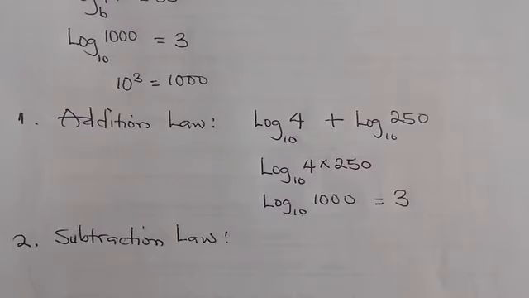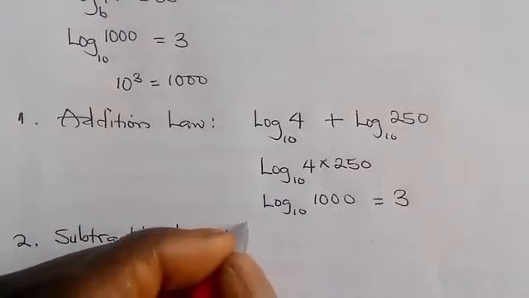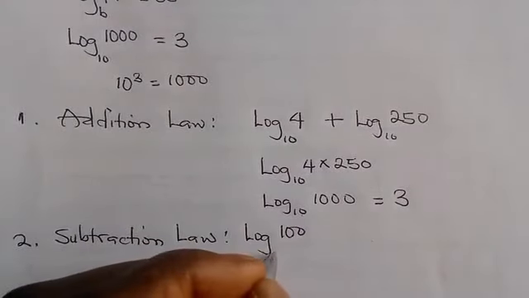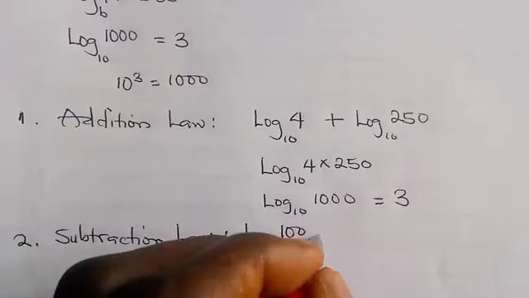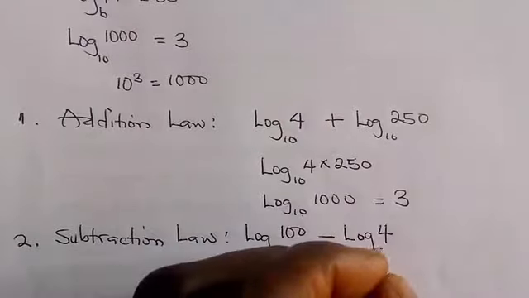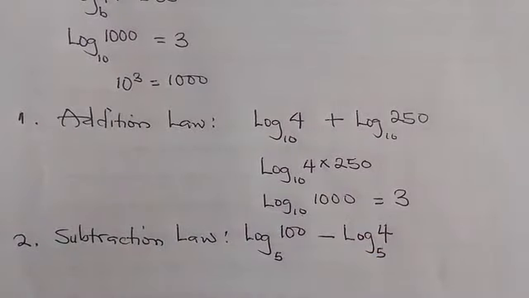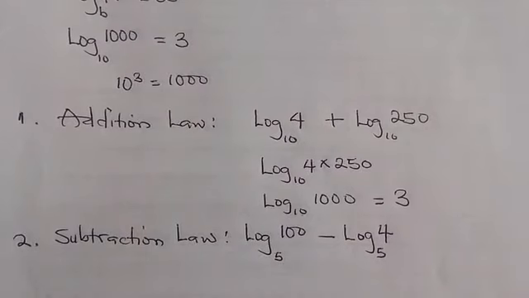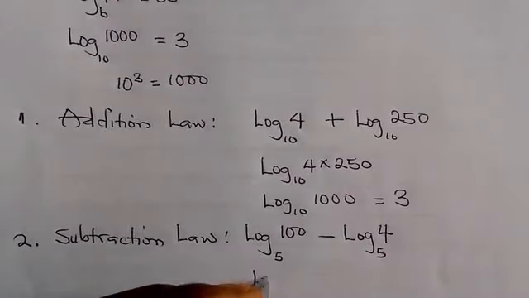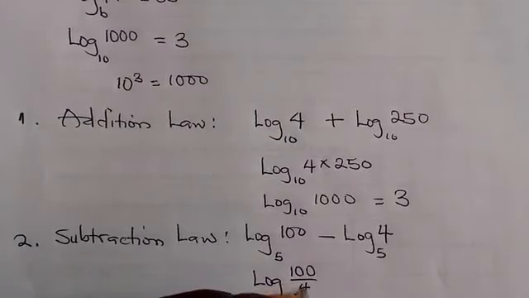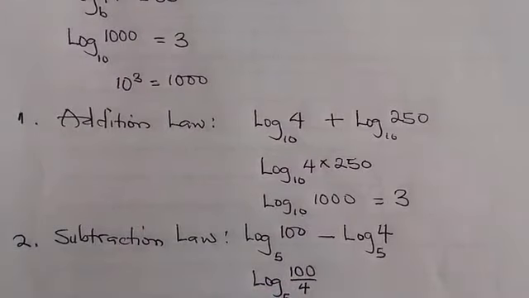For example, when we have log 100 to the base of 5 minus log 4 to base of 5, we have to divide 100 by 4. That is what this subtraction law is all about. The same base, that is log 100 over 4 expressed in base of 5.